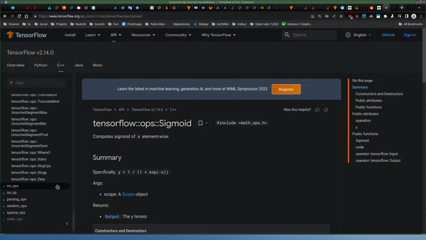So what we then want to do is to have an x log y.